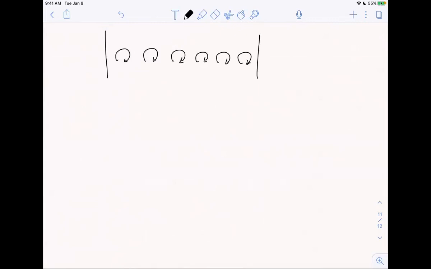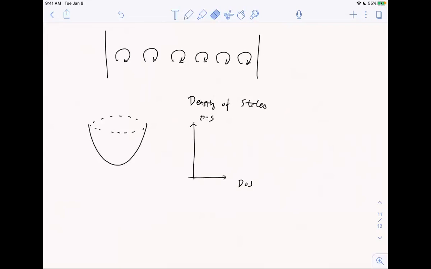So for the conventional case, do you know the density of states for the conventional massive particle? If you have a quadratic dispersion, okay, so the density of states, you plot density of states as a function of energy.